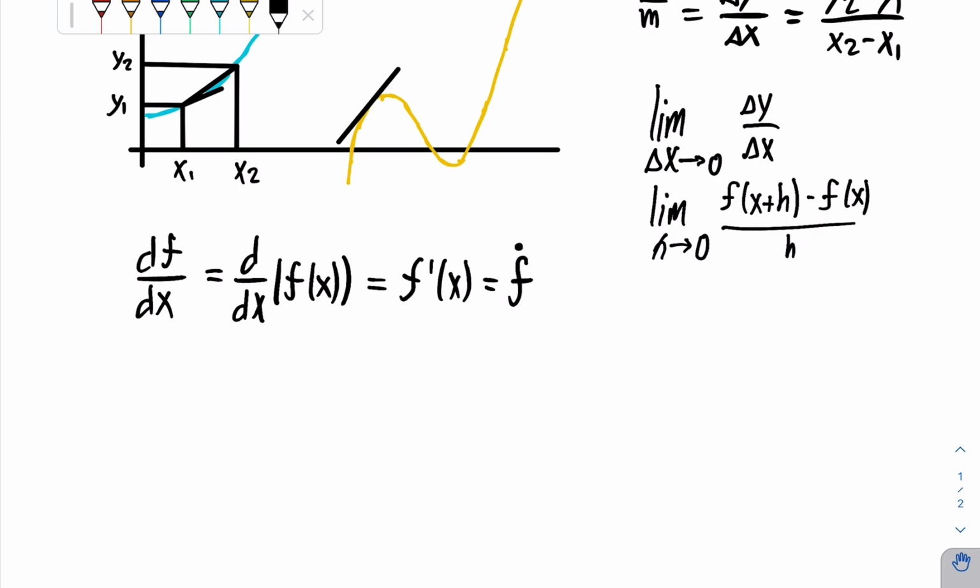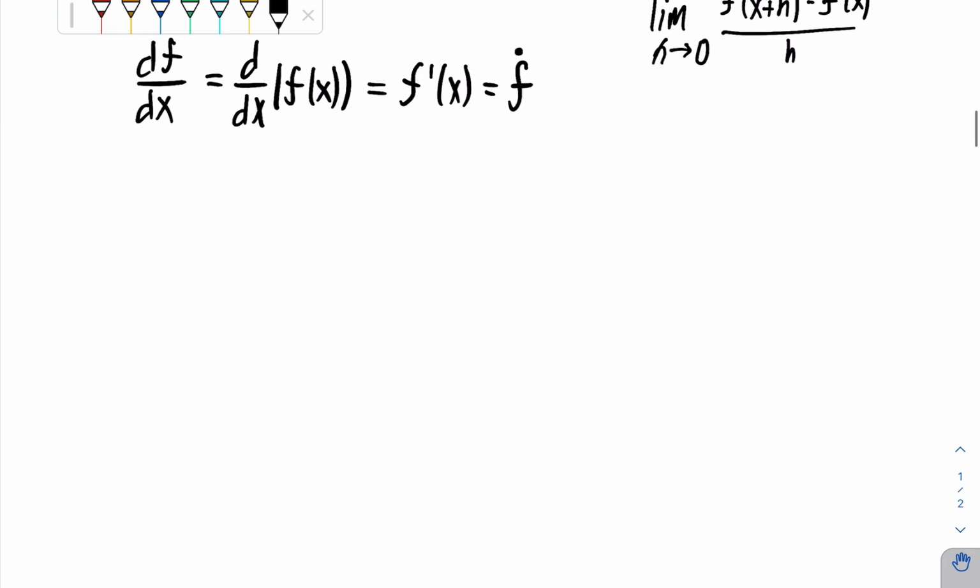So now I would like to cover some differentiation methods that we can use. Now that we have the definition, we can really find the derivative of any function. However, using this limit definition gets tedious. So first I'll just write the definition one more time.